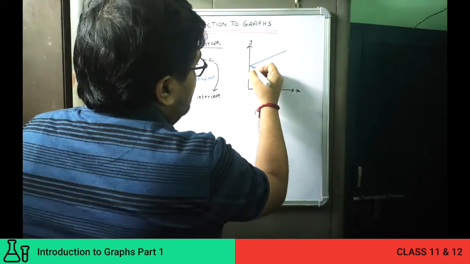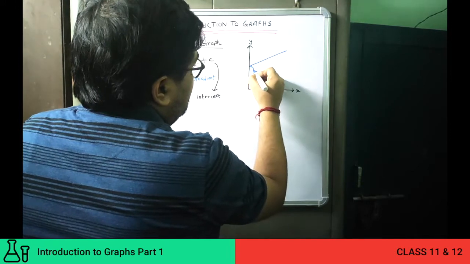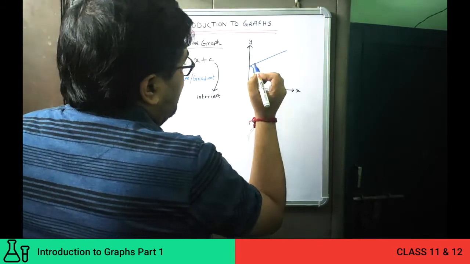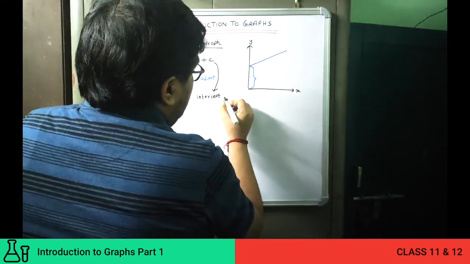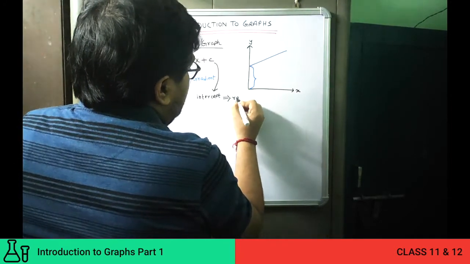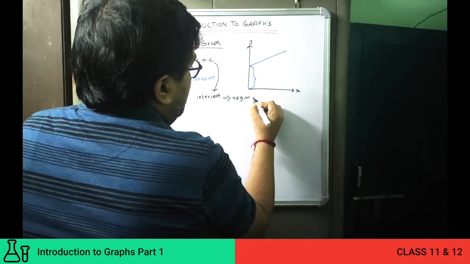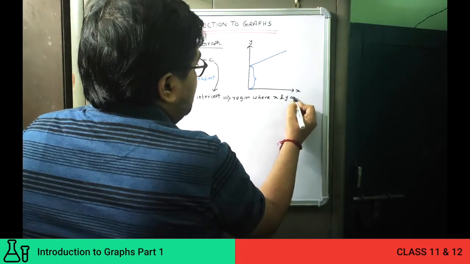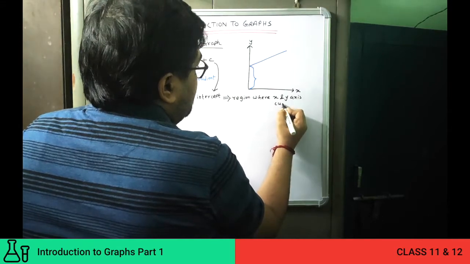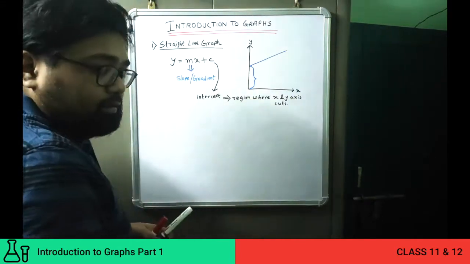The intercept actually is the region where the x and y axis cuts. Okay, intercept is the region where x and y axis cuts. Right?